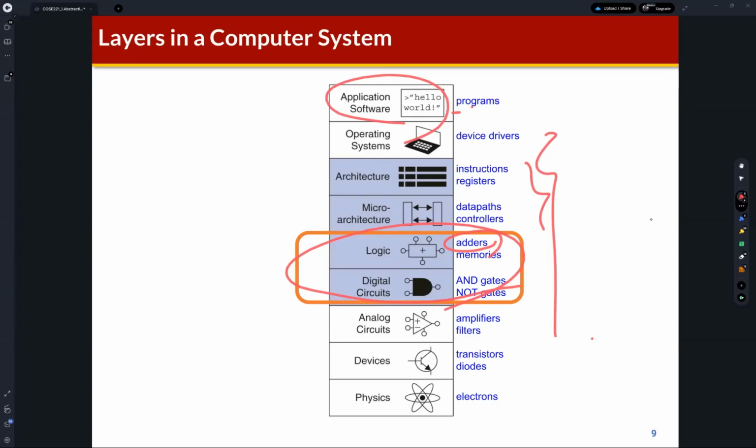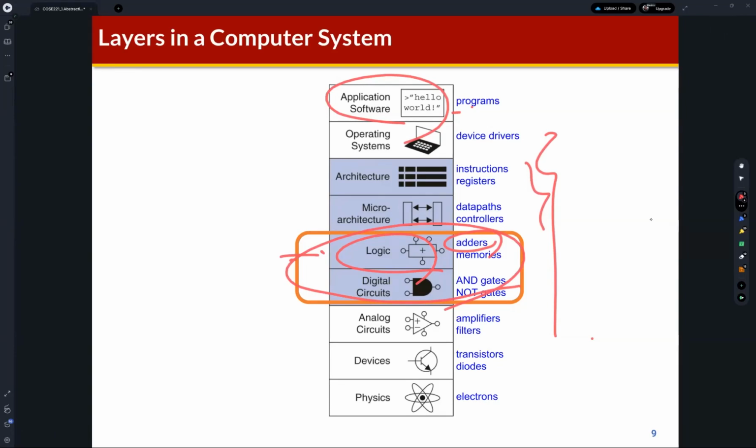Computer systems are composed of many simple components such as arithmetic units and memory units. We use memories for storing our data, right?